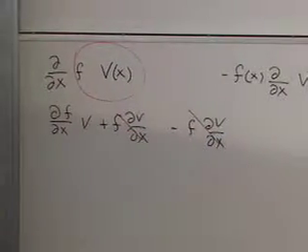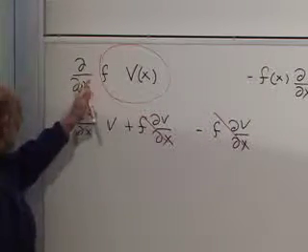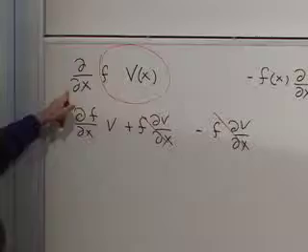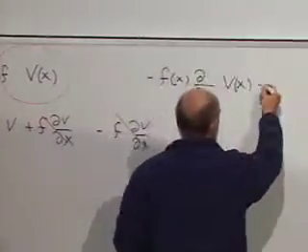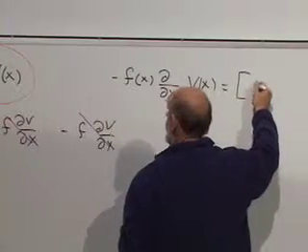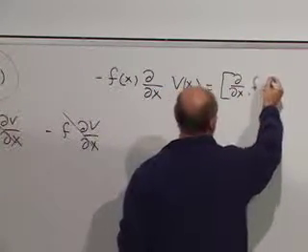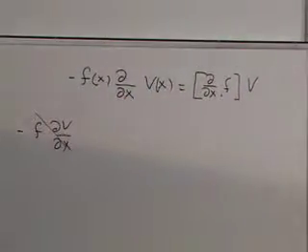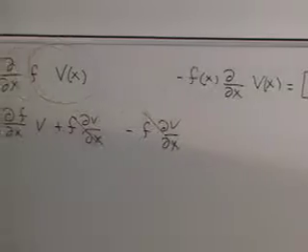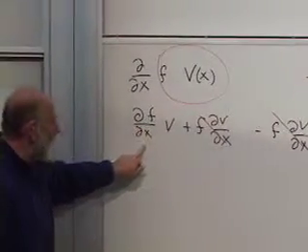We're left with the instruction that when you apply the commutator of d by dx and f, this is, of course, the commutator of the derivative with respect to x and f, on v, you get exactly the same thing as just multiplying v by df by dx.